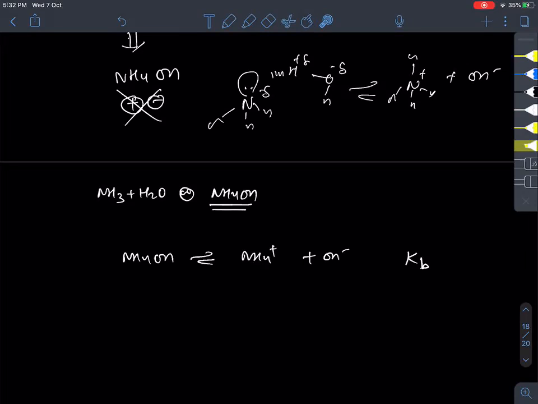And the equilibrium constant is Kb, and if the concentration is C, then C minus X, X and X. And if you want to know about degree of dissociation, it is amount dissociated upon initially taken. So X is equal to C alpha, so C minus C alpha here and C alpha here.